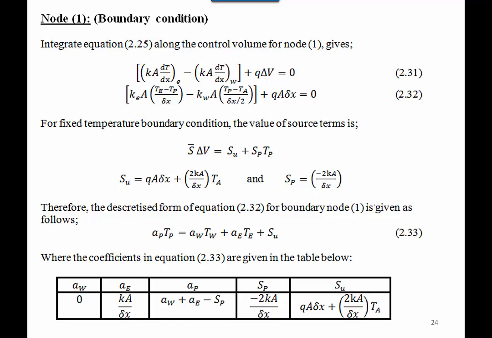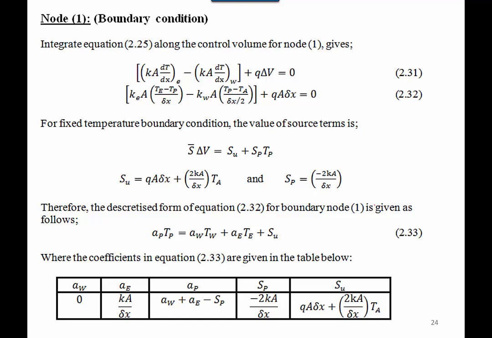For control volume number 1, which is the boundary condition on the left, we integrate equation 2.25 along this control volume from the west to the east side. It will give equation 2.31.